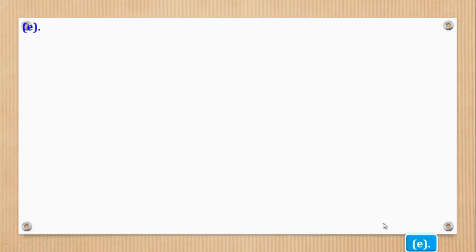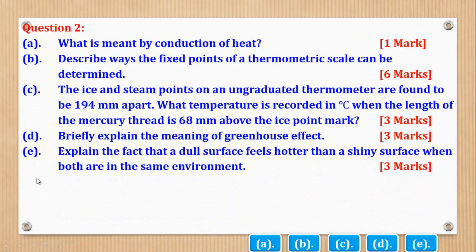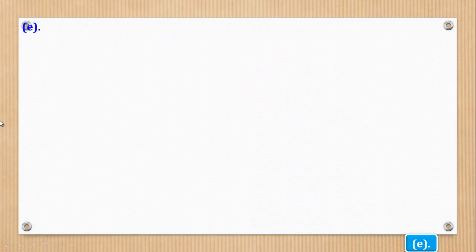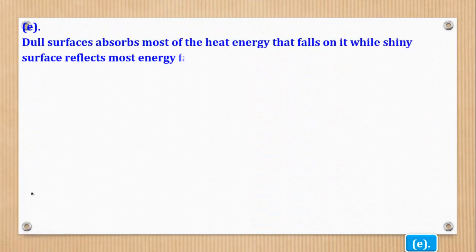Then part E, explain the fact that a dull surface feels hotter than a shiny surface when both are in the same environment. So what we need to remember is that dull surfaces absorb most of the heat energy that falls on them, while shiny surfaces reflect most of the energy falling on them.